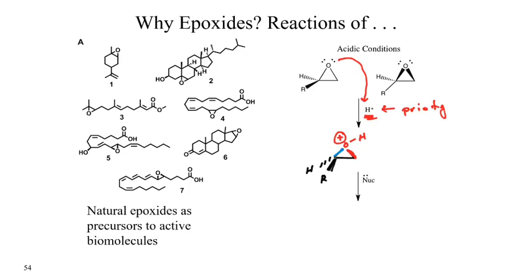Because that added incentive is there, red and blue start to break prematurely. The question becomes, which one is more likely to break? The blue one becomes more likely to break because if it breaks, what would it form? It would form the carbocation at the more substituted position.